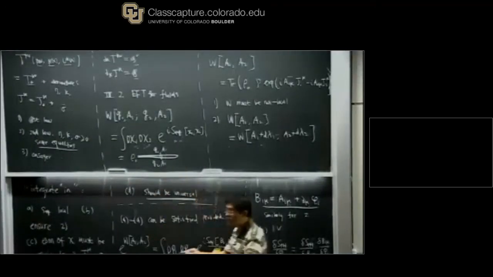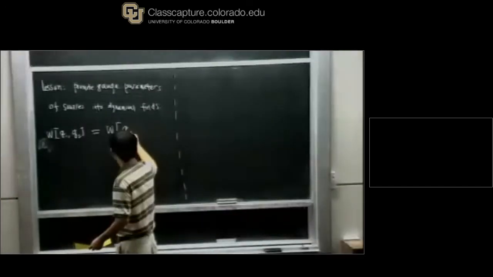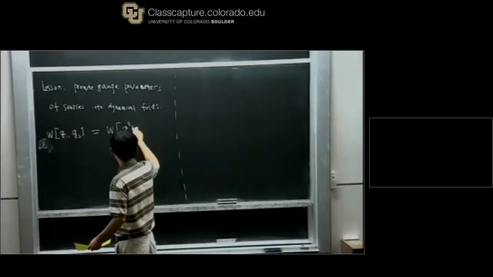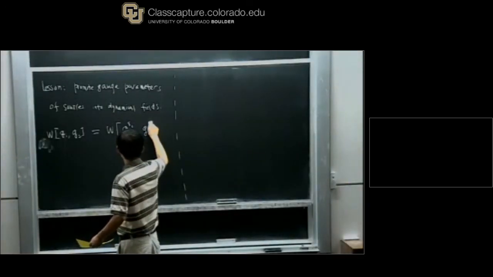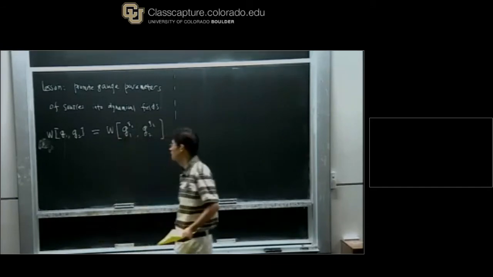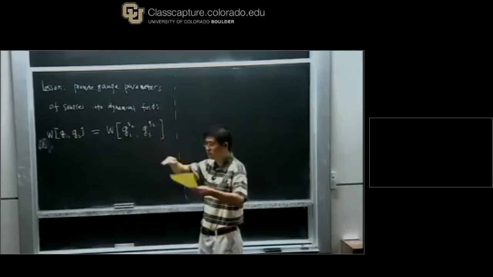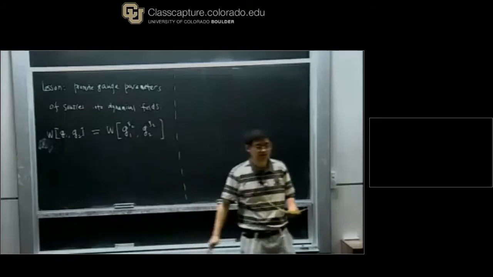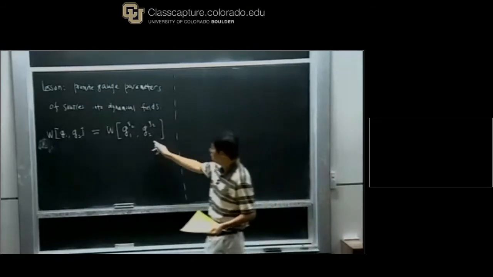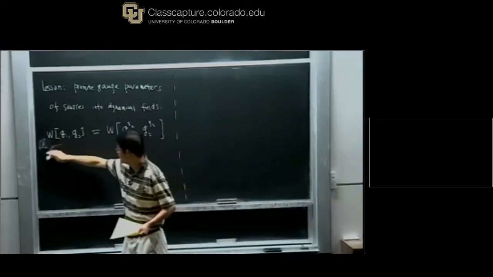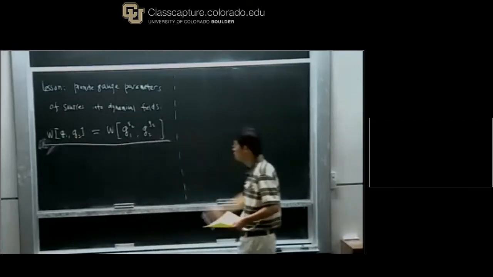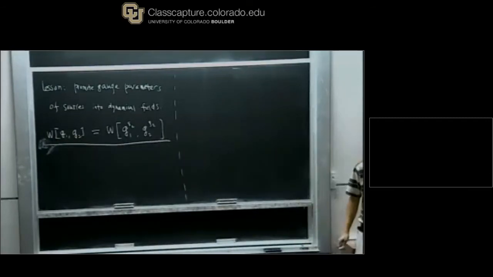So now this should be invariant under some diffeomorphism. Psi 1 and psi 2 denote some vectors which generate the diffeomorphism. So the conservation of the stress tensor implies that the generating functional should be individually diffeomorphism invariant.